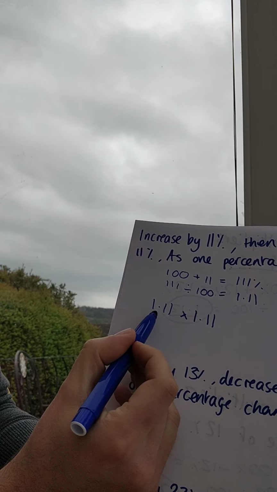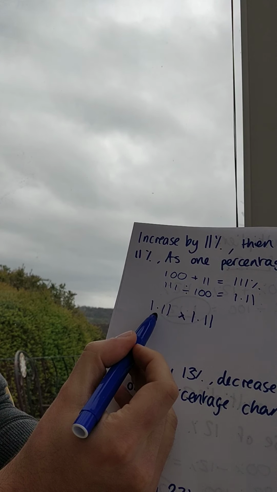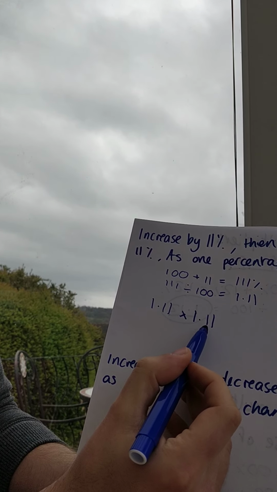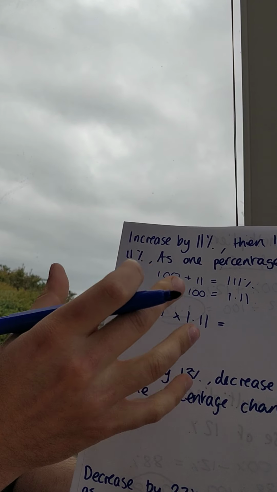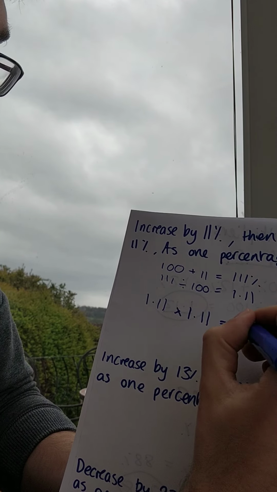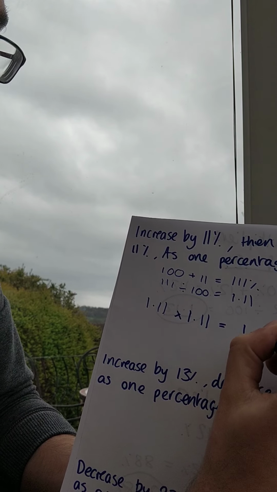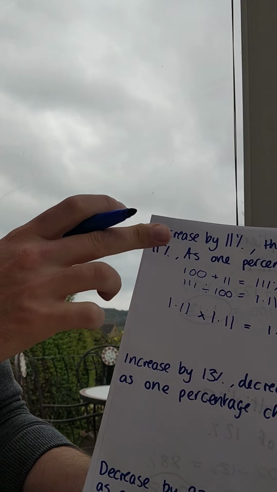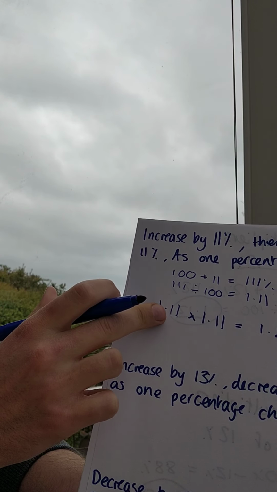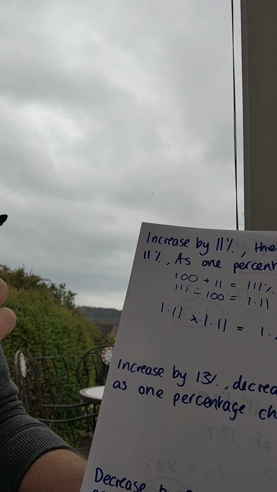If you do 1.11 times 1.11, you would get 1.2321. So what you have to do for two increases is times 1.11 by 1.11.